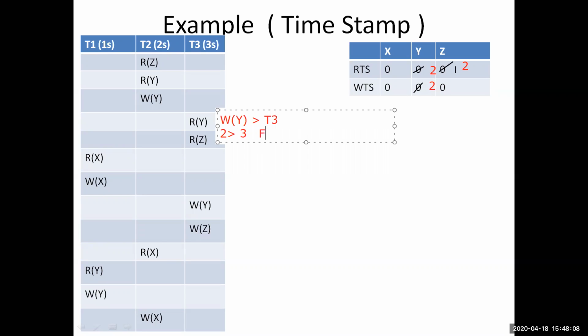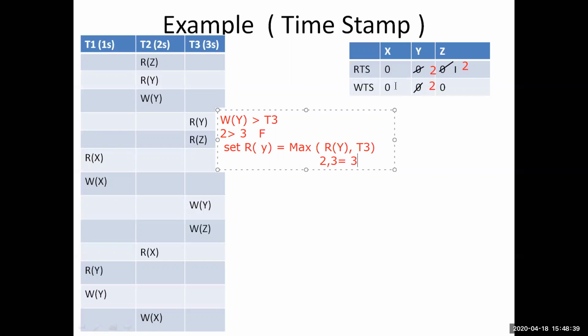The answer is false. If it is false, set read of Y equal to the maximum of read of Y, comma, T3. Read of Y right now is 2, so it is the maximum of 2 comma 3, which comes out to be 3.